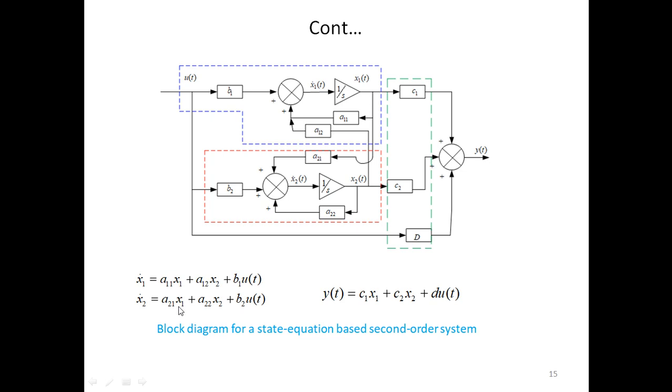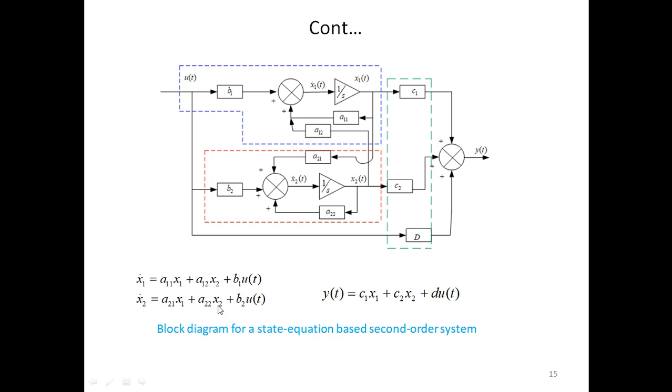Similarly, for x2 dot equal to a21 x1 plus a22 x2 plus b2 ut. For a21 x1, x1 is sensed from here and multiplied by the gain a21, so the output is a21 x1, and this is added to this summer.